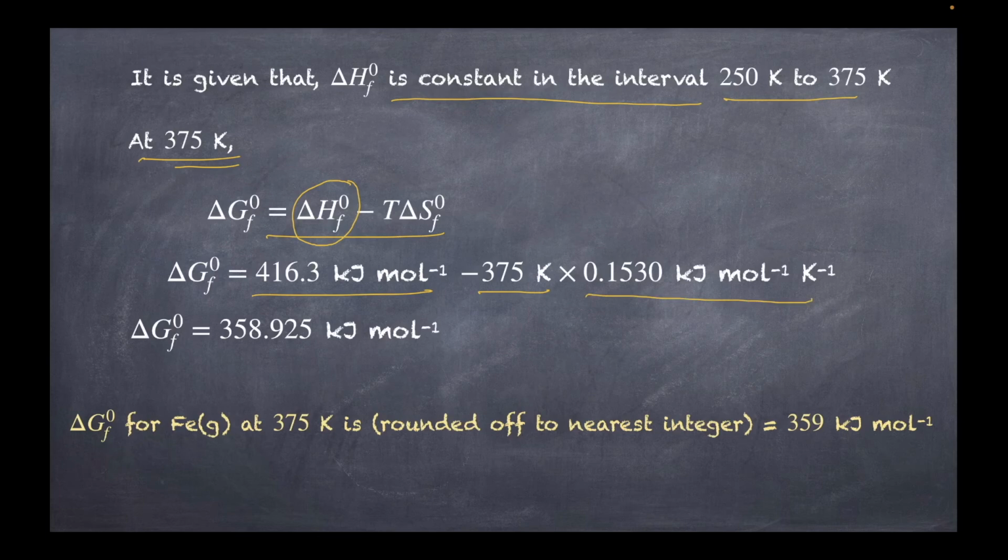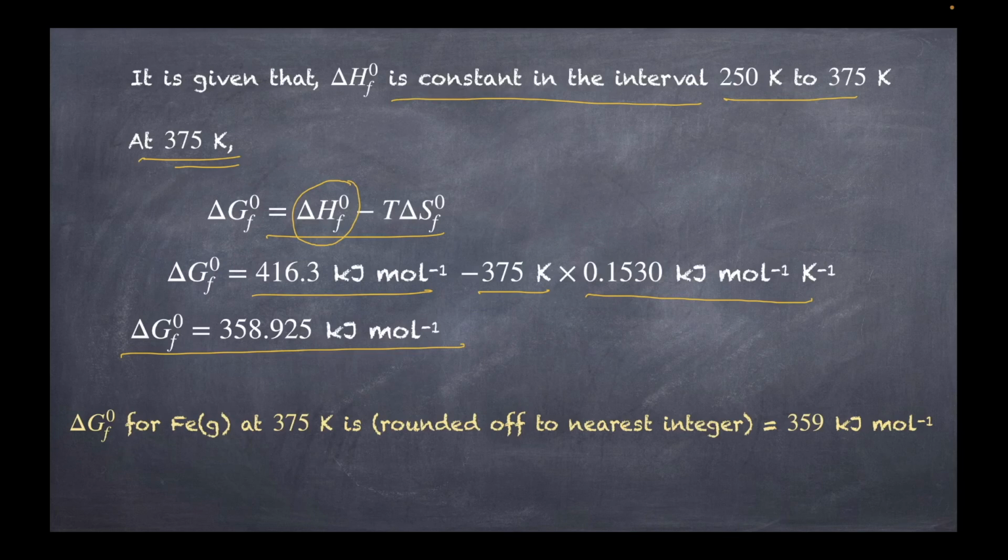So the delta G0F, that means the change in Gibbs free energy at temperature 375 Kelvin, will be 358.925 kilojoule per mole. Now in the question it is asked that you should round this value to the nearest integer.